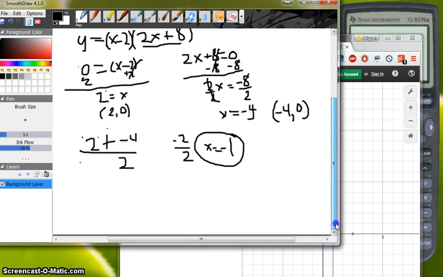Alright, next you need to find the vertex. So plug in negative 1 into the equation. That'll give you the vertex. So we have negative 1 minus 2, and then 2 times negative 1. 2 times negative 1, that's negative 2. You plug that in here, and plus 8.